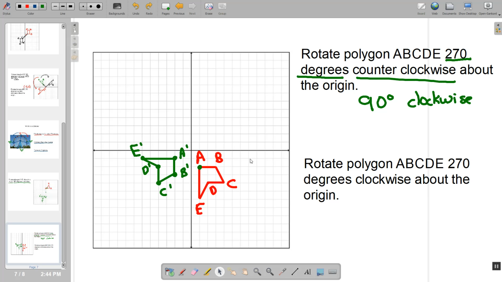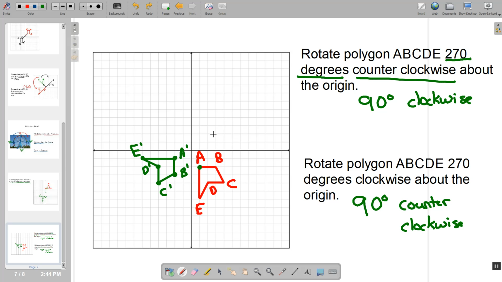So 270 degrees counter or regular clockwise is 1, 2, 3 turns this way, ending us up over here. But 270 clockwise is the same as 90 degrees counter clockwise, which means that if we just think about 1 turn, counterclockwise will be up here.